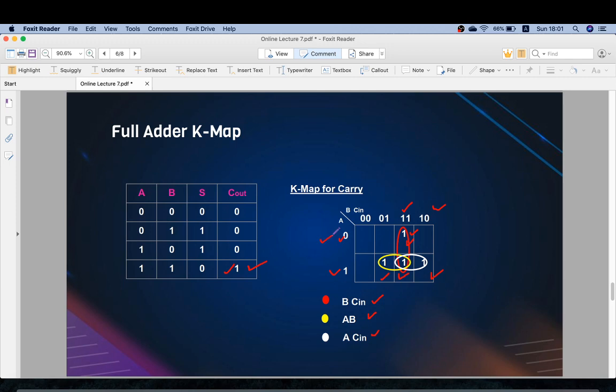So A will not be there because it is not common, but in B and C in it's a single, so we will write B and C in. For the same here, for this yellow we will take 1, 0, 1 and 1, 1. So in 0, 1 and 1, 1, C in is common and A is single, so we will write A C in. So A C in.